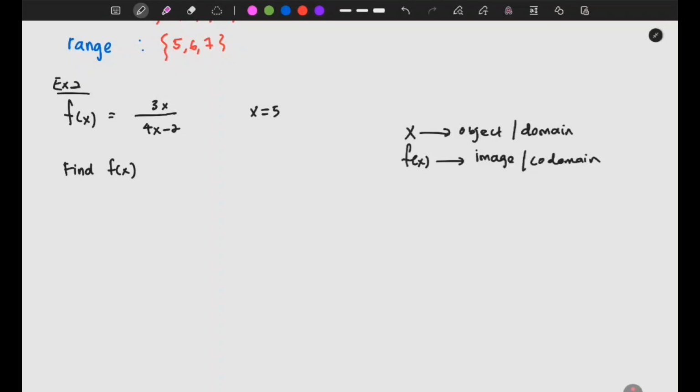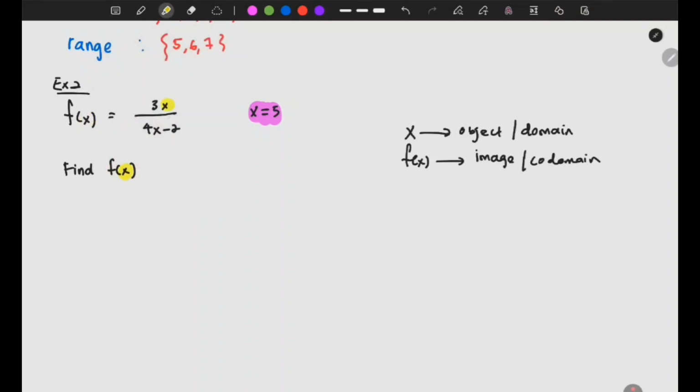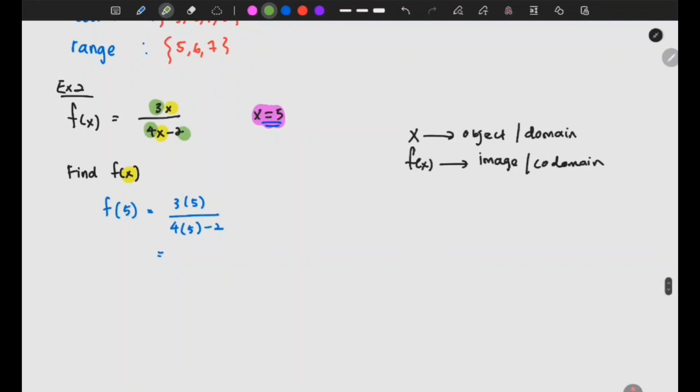It's very easy. It's just like substituting. You know your x is equal to 5, so sub in your x as 5. Remember, substitution is very important. Everything for x is replaced by 5 because they already give you x is 5. The remaining, just copy paste: the 3, the 4, the 2, and the minus.